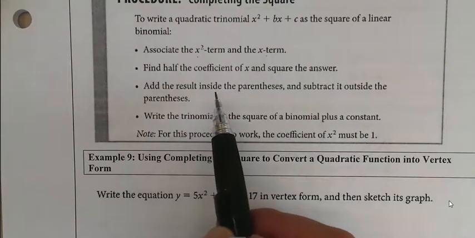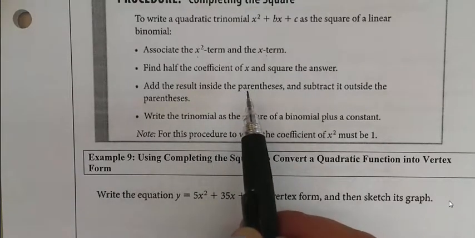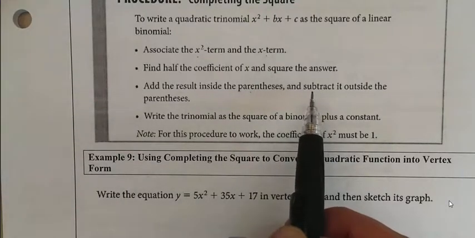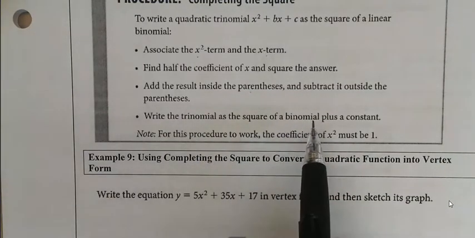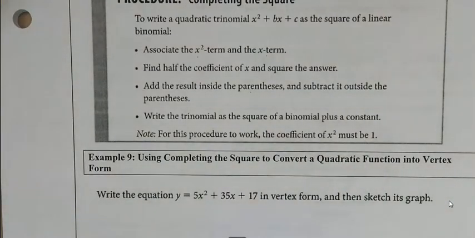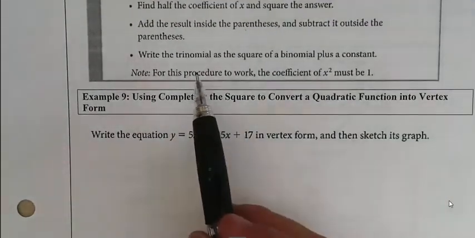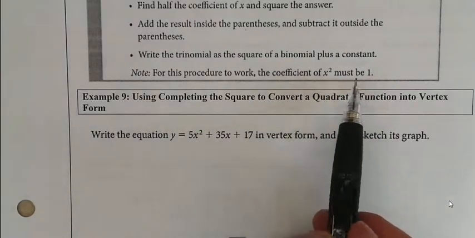Then you add the result inside that group, but you also have to subtract it, because you can't add it to one side and not undo that. Then we write it as a square of a binomial plus a constant. For this to work, the coefficient of x squared has to be 1.